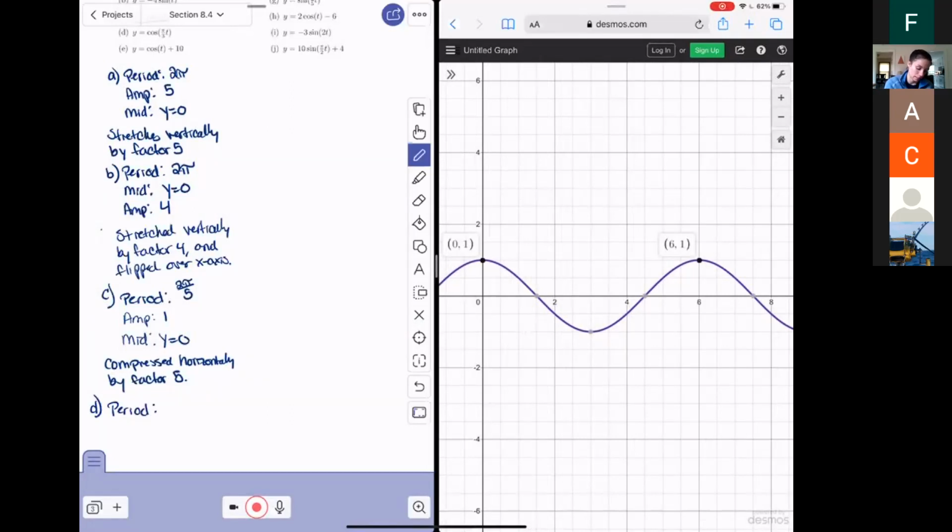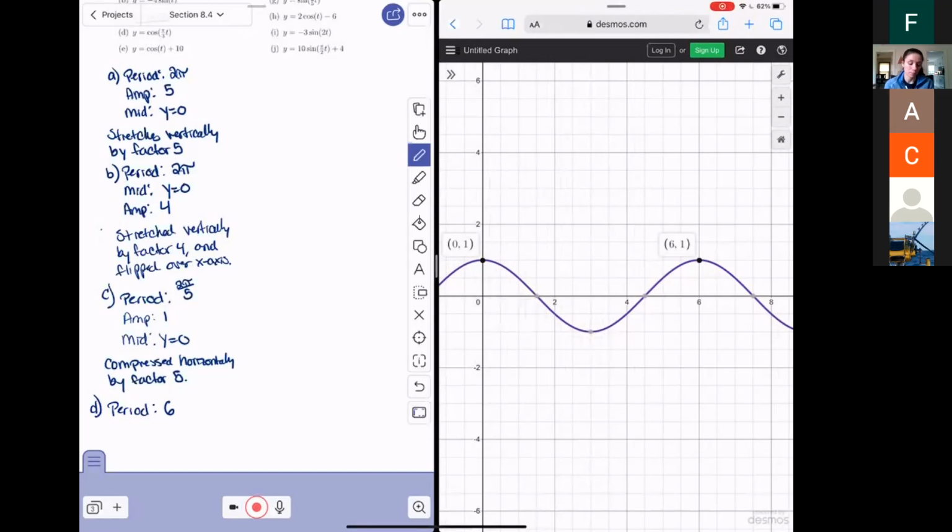So the period is 6. Since this is cosine, I started at my peak. If it's either the peak or the midline or the lowest point, when I figure out my period based on the graph, I always start at x equals 0, as long as it's either the highest point, the midline, or the lowest point.